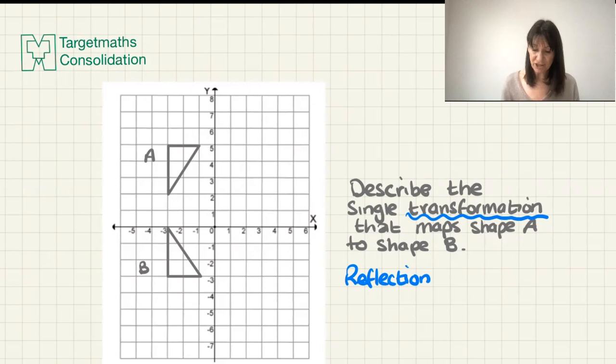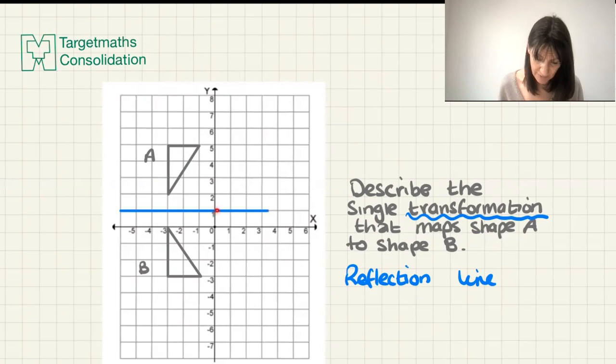So you write reflection, and then you've got to put the detail in. It's being reflected in a line. We know that. So reflected in the line, I can see where the line of symmetry needs to be. So it makes sense to draw that on. That's there. I've now got the shape. That line is slap bang in the middle of those 2 shapes. I've got to be able to name it.